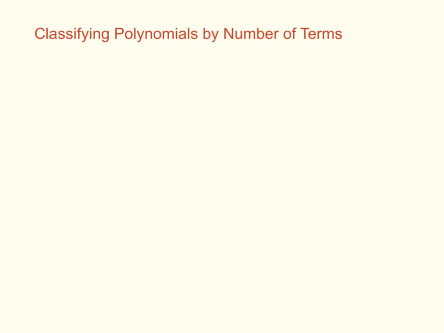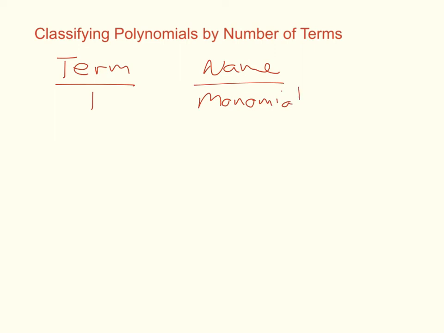To classify polynomials by the number of terms, let's look at it. If we have one term, the name we give that is a monomial. If we have two terms, we call that a binomial. 3 terms, we call it a trinomial.